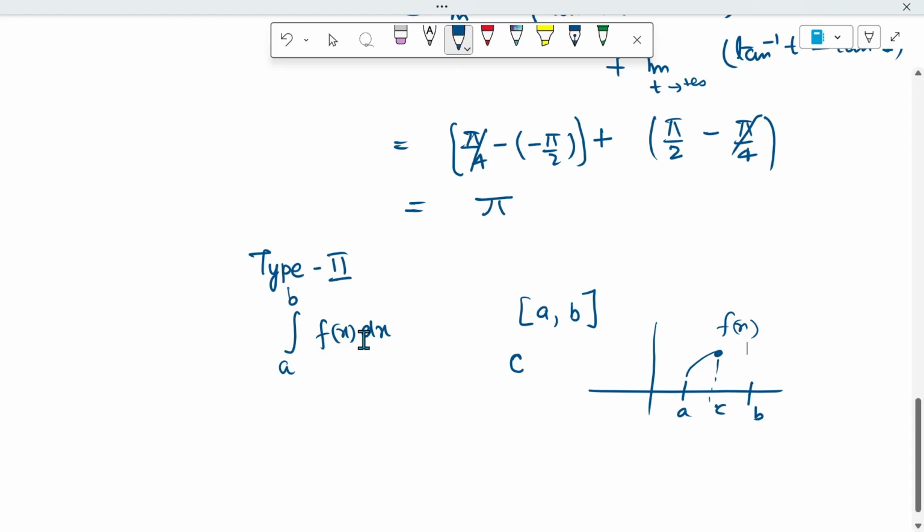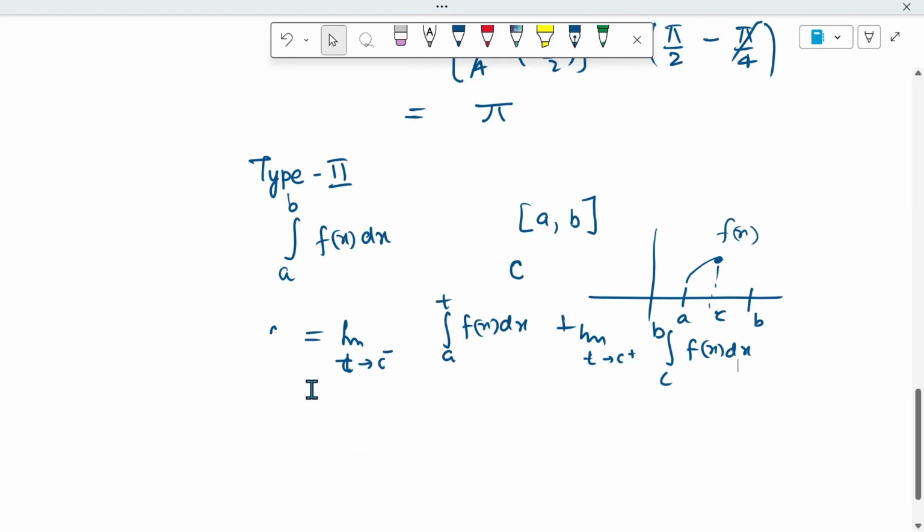So we will break this up, as we know, as limit t tends to c minus, basically this way, a to t f(x) dx, plus limit t tends to c plus, so this will be c to b f(x) dx.